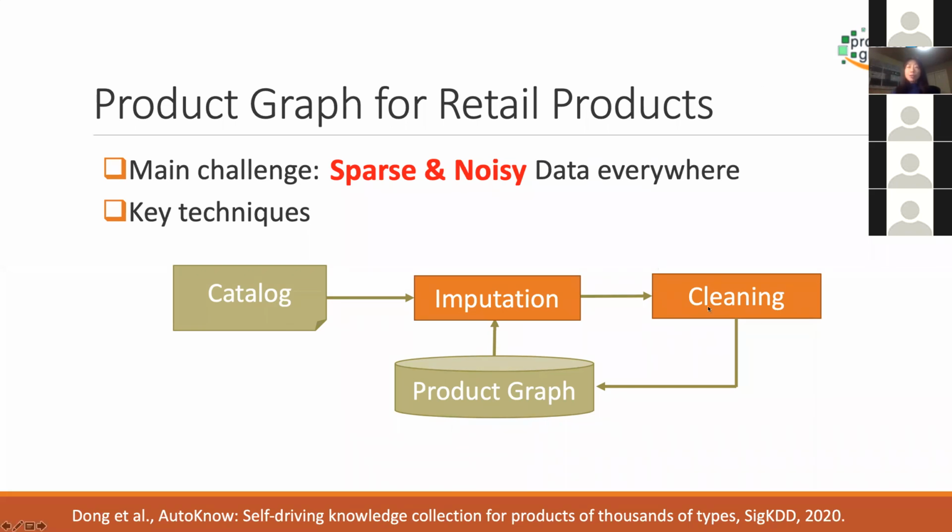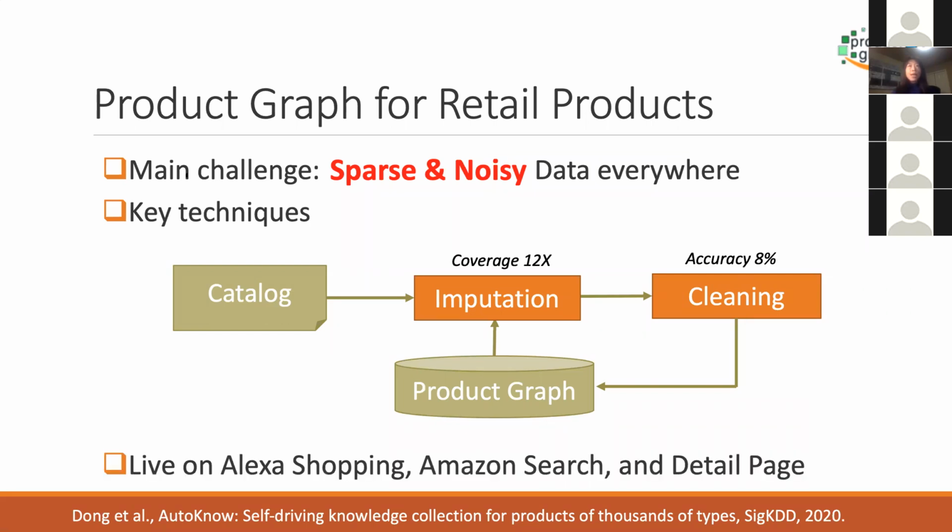After that, we clean it up so we can remove the noisy information and only keep the correct information. In our team, we developed a system called AutoKnow. We increased the coverage of the structured data for products by 12 times in the Amazon catalog, and also improved the accuracy by 8%. The information is live on Alexa Shopping, Amazon Search, and the Amazon Detail page.